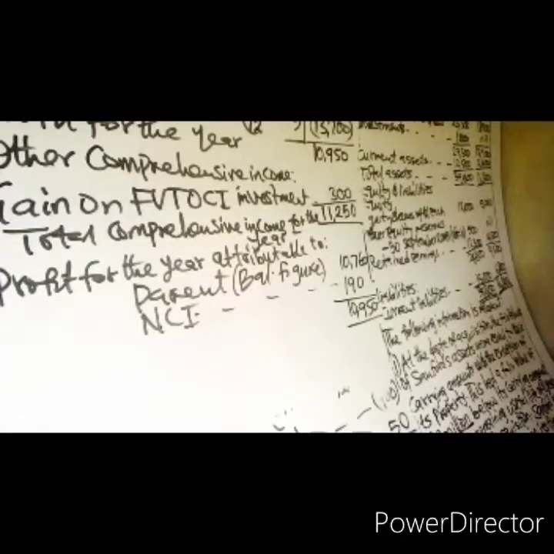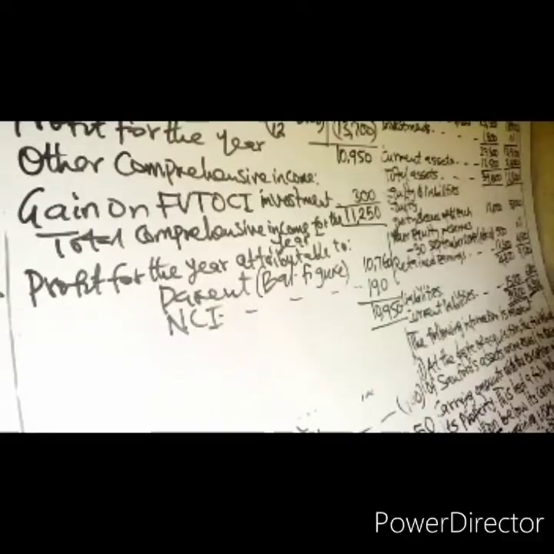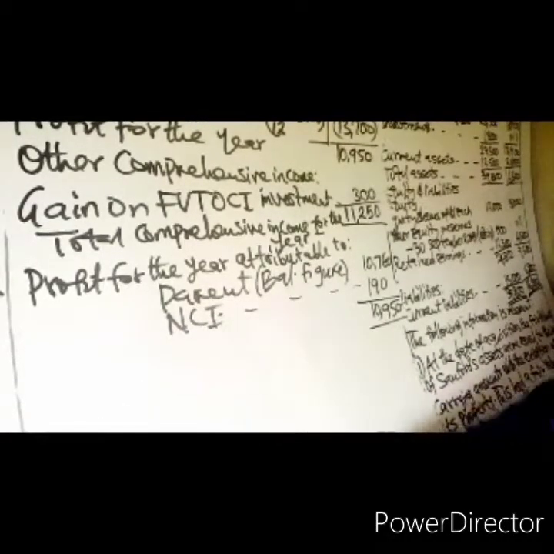10,750. That is the profit for the year attributable to the parent company and the one attributable to the non-controlling interest.